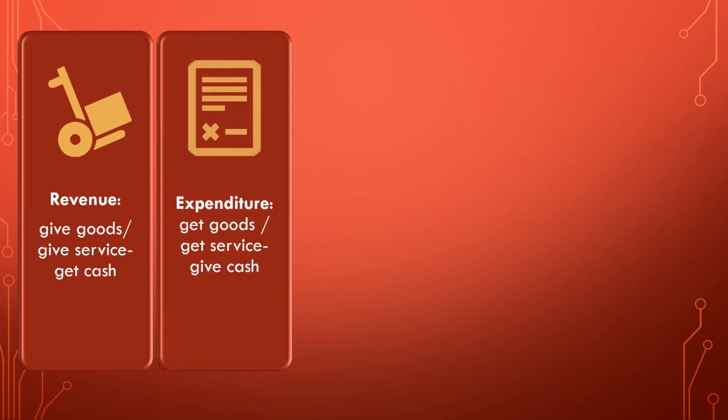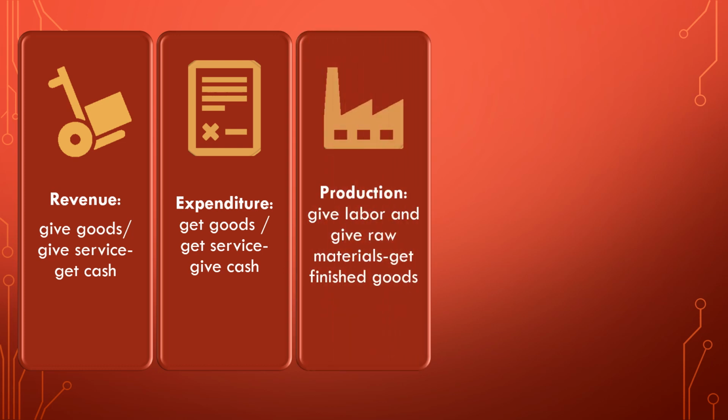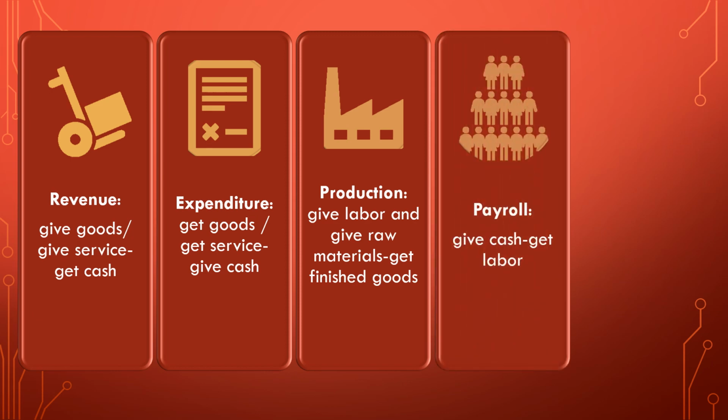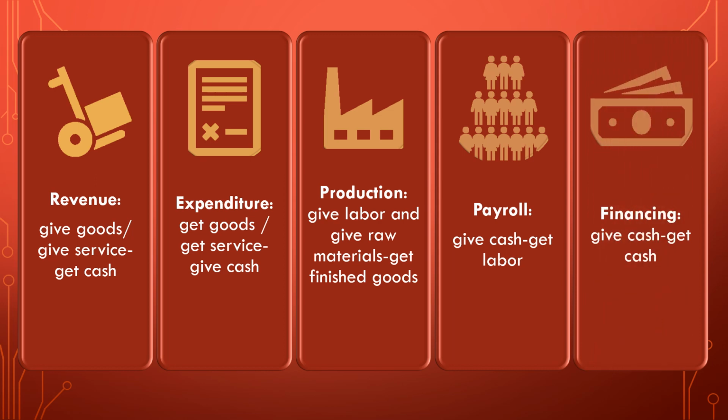For expenditure: get the goods, get services, and give cash. Production: give labor, give raw materials, and we get finished goods. Payroll: give cash, get labor. Financing: give cash, get cash.